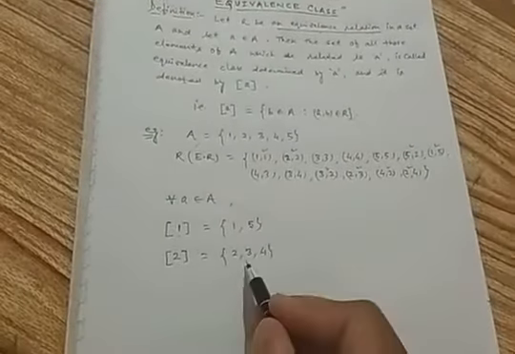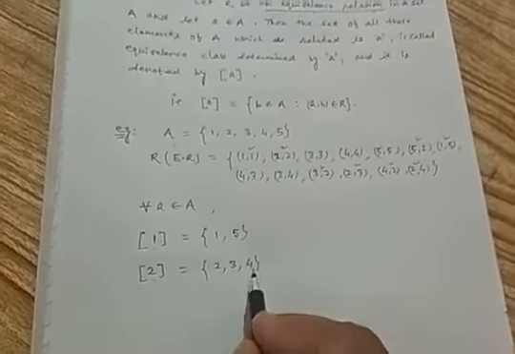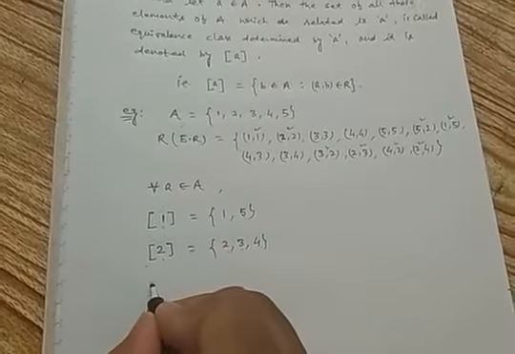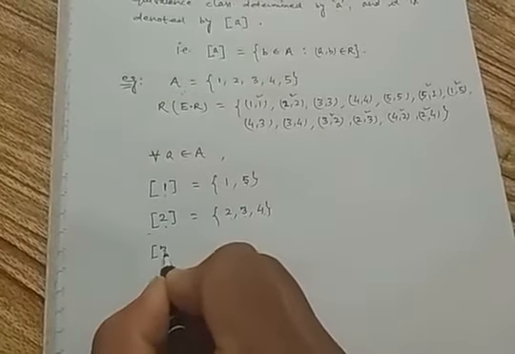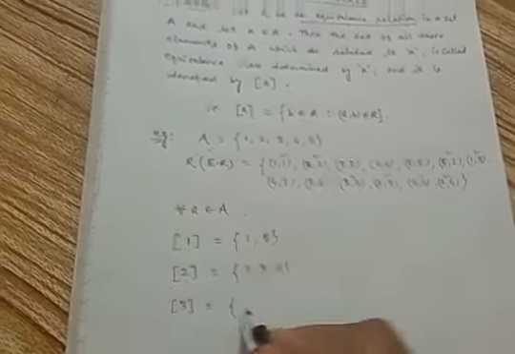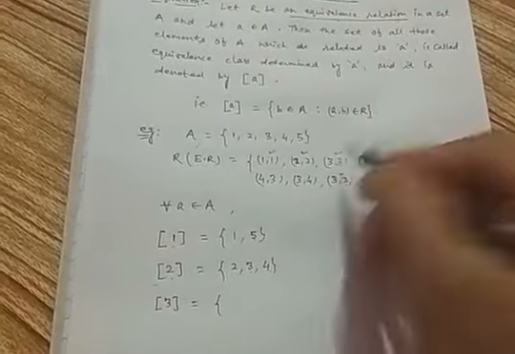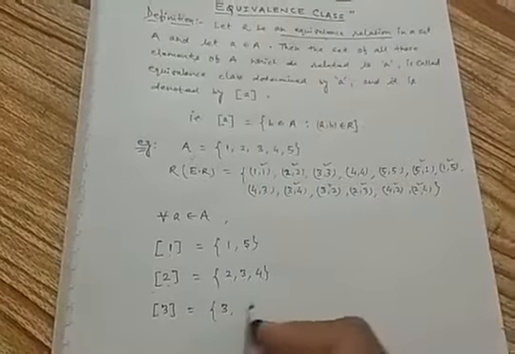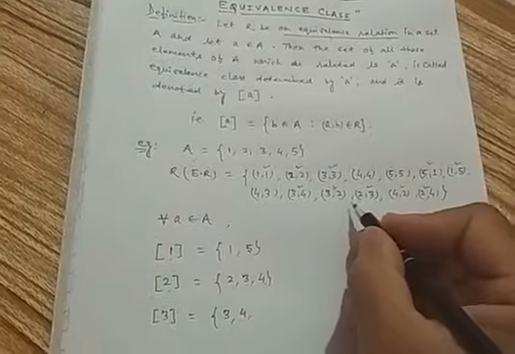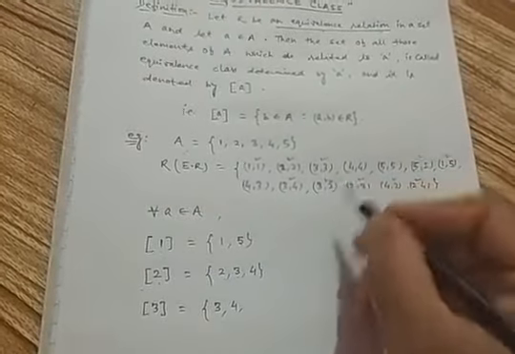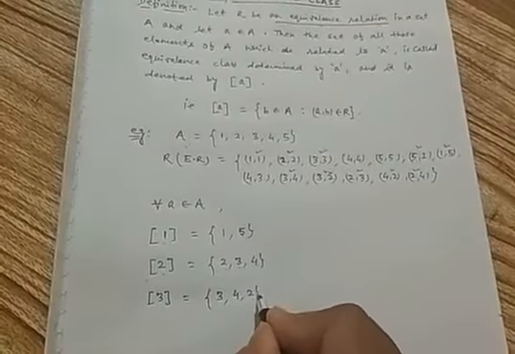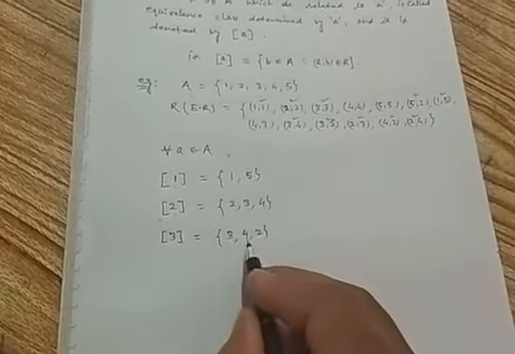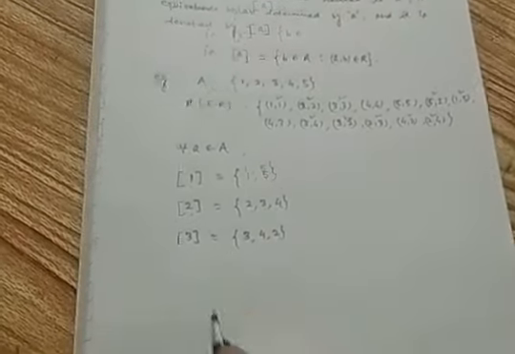The equivalence class of 2 is {2, 3, 4}. The equivalence class of 3: 3 is related to 3, 4 and 2, so it is {3, 4, 2}.